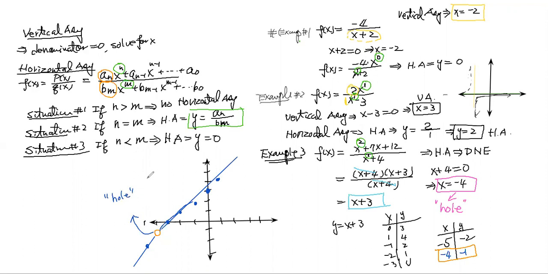So a hole means you can cancel that out from your original function. So your original function really drops down to become a linear function here. Okay, now let's take a look at one last example.